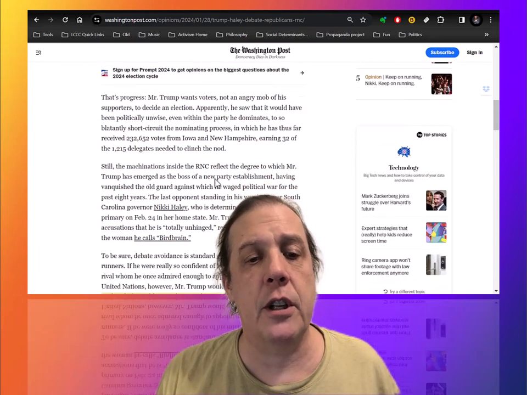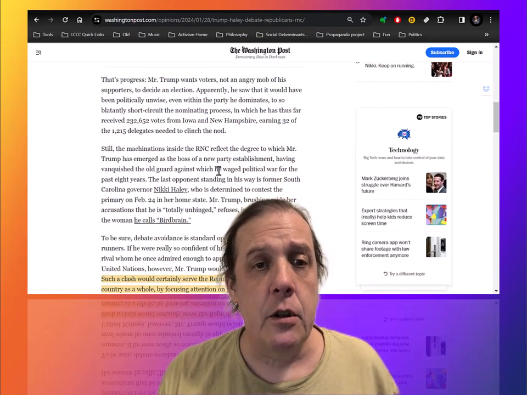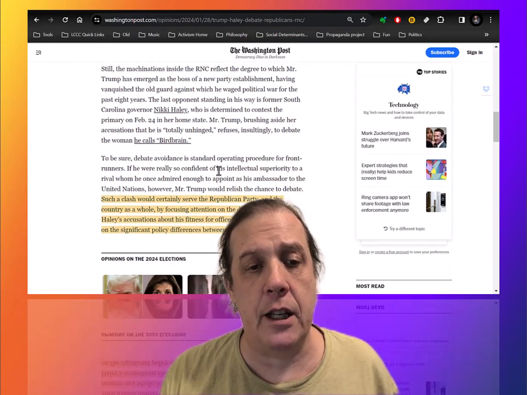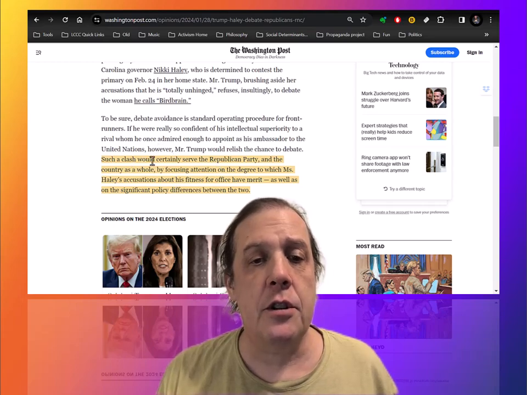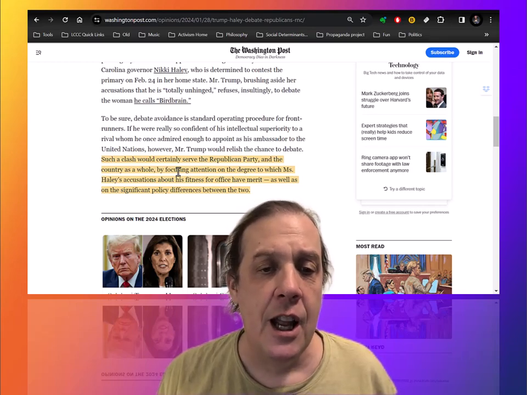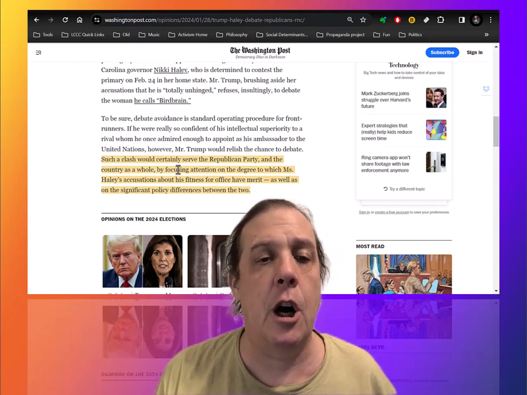But there are a few things you can identify, I think, as reasons why the Washington Post thinks that Donald Trump should debate Nikki Haley. So, such a clash would surely serve the Republican Party and the country as a whole by focusing attention on the degree to which Haley's accusations of fitness for office have merit.